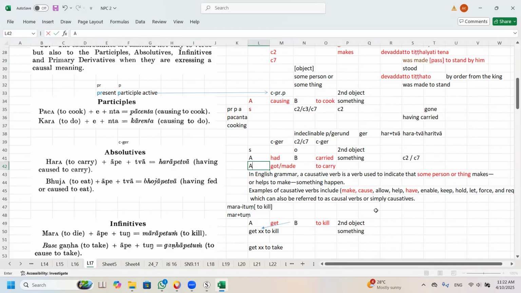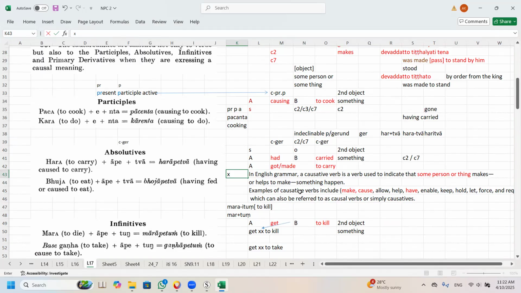When you look at English grammar, a causative word is a verb to indicate that some person or something makes or helps to make something happen. So this is the important line. This is basically English grammar, so we understand the structure.